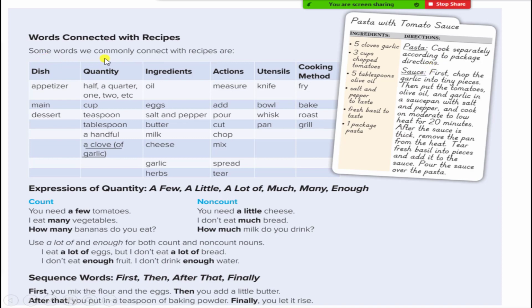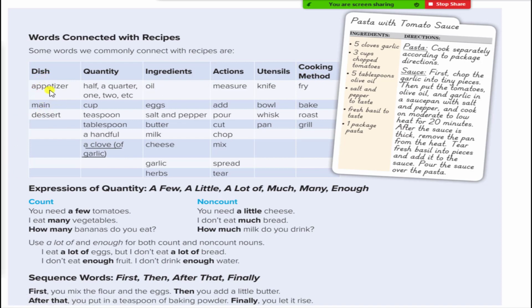Some words we commonly connect with recipes are, here, words related to dish, quantity, ingredients, actions, utensils, and cooking method. Who will read the first one?